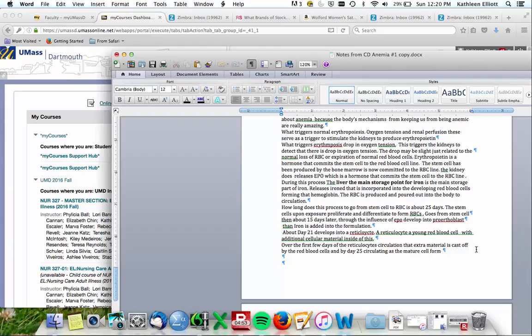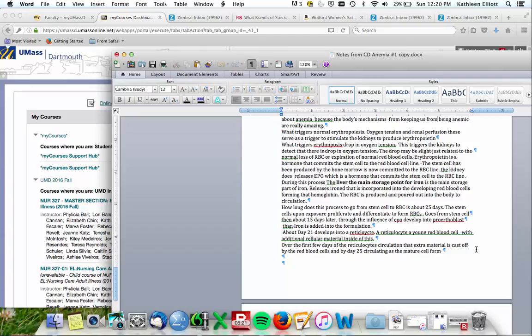And the question would be, how long does this process take from stem cell to RBC? It's about 25 days. The stem cells, upon exposure, proliferate and differentiate to RBCs. About 15 days later, through the influence of erythropoietin, they develop into erythroblasts, and then iron is added into the formulation.